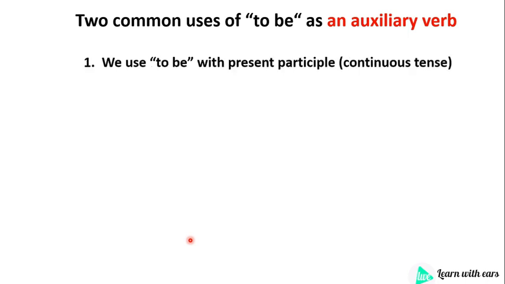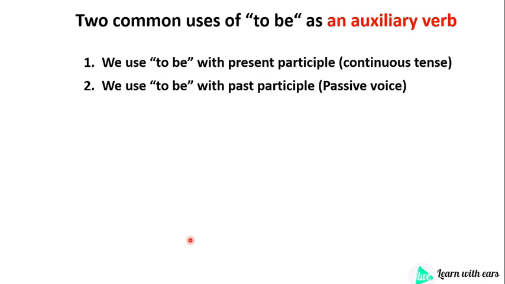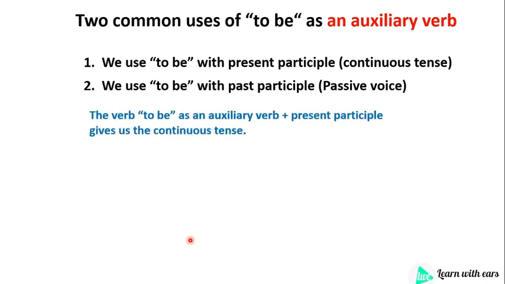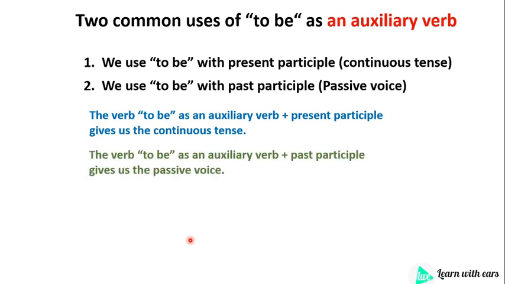First, we use to be with present participle, and second, we use verb to be with past participle. The verb to be as an auxiliary verb with present participle gives us continuous tense. With past participle it gives us the passive voice.